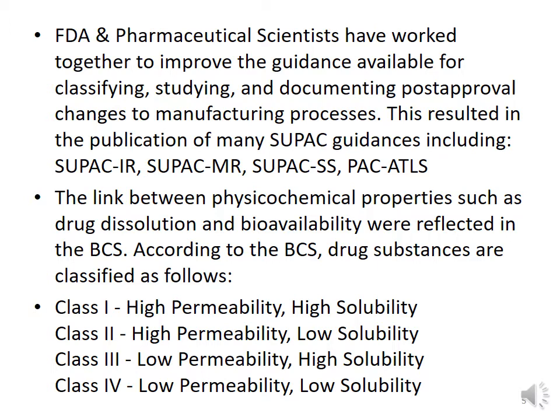According to the BCS, Class 1 is considered for drugs that have high permeability and high solubility. Class 2 drugs have high permeability and low solubility. Class 3 drugs have low permeability and high solubility. And class 4 drugs have low permeability and low solubility.